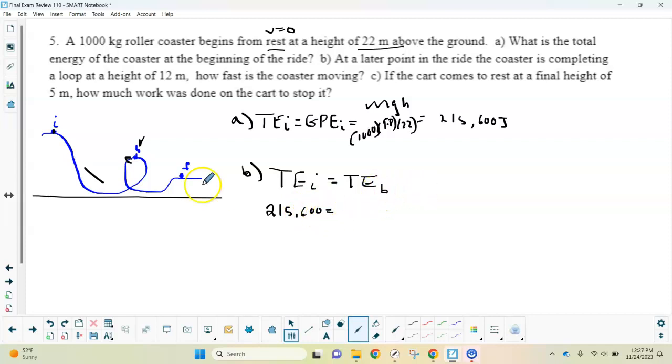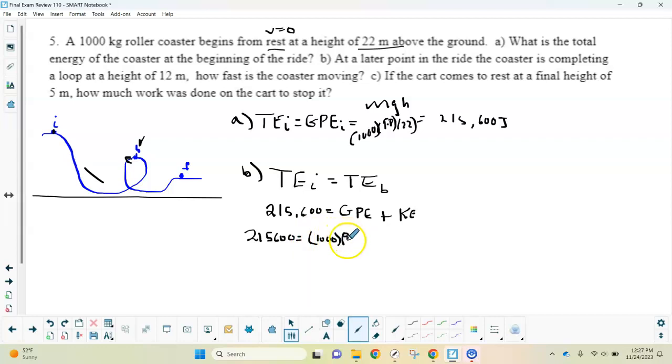On the right side, we got two different types of energies here. So we got gravitational potential energy and kinetic energy. But that's where the velocity is. So we're going to figure out how much gravitational potential energy it has there from mgh. So m again is 1,000 because the mass of the roller coaster hasn't changed.